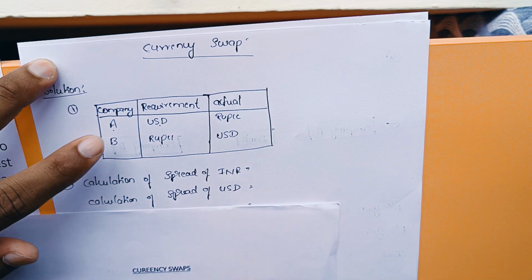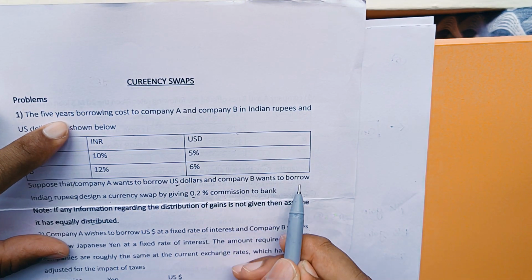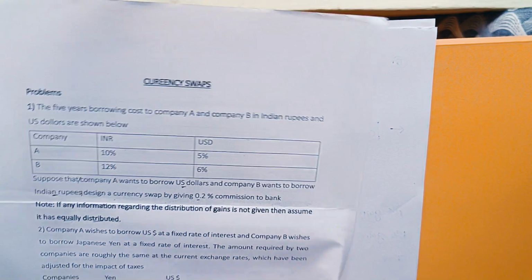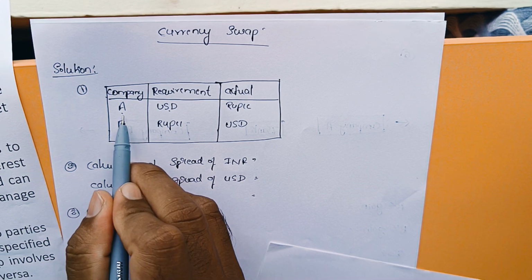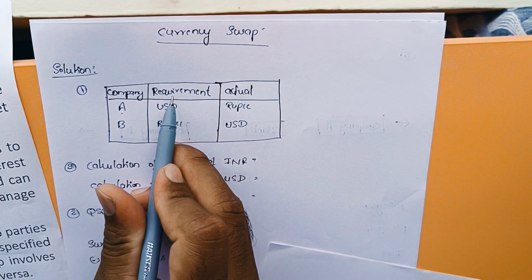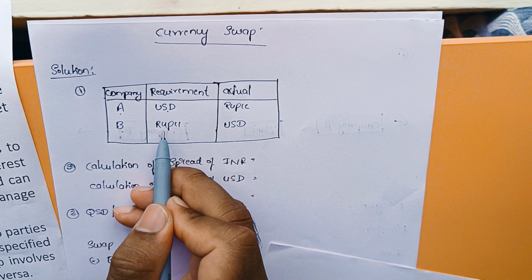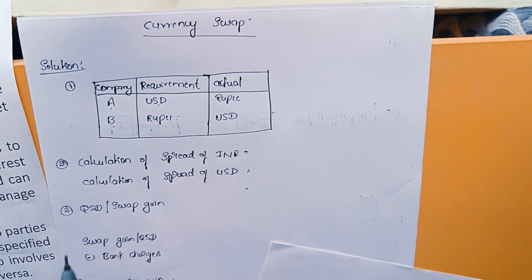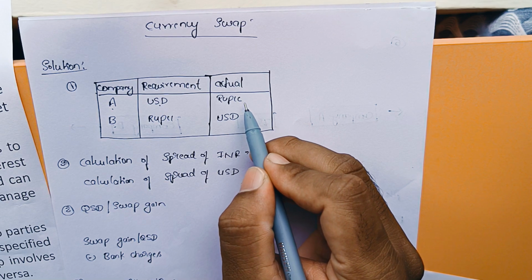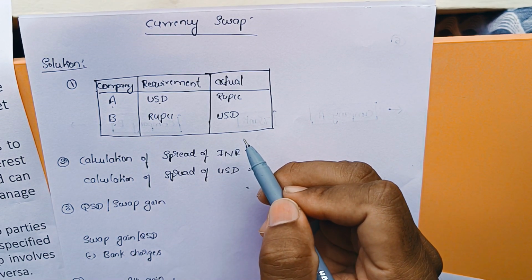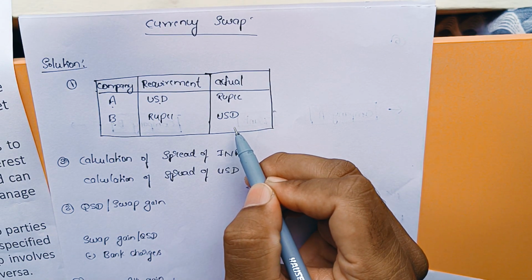What company B wanted? Company B wants to borrow Indian rupee. You can see here Indian rupee. Company A wants US dollars, company B wants rupee. Done. But what actually A got? A got rupee, B got USD. This is what actually they got.